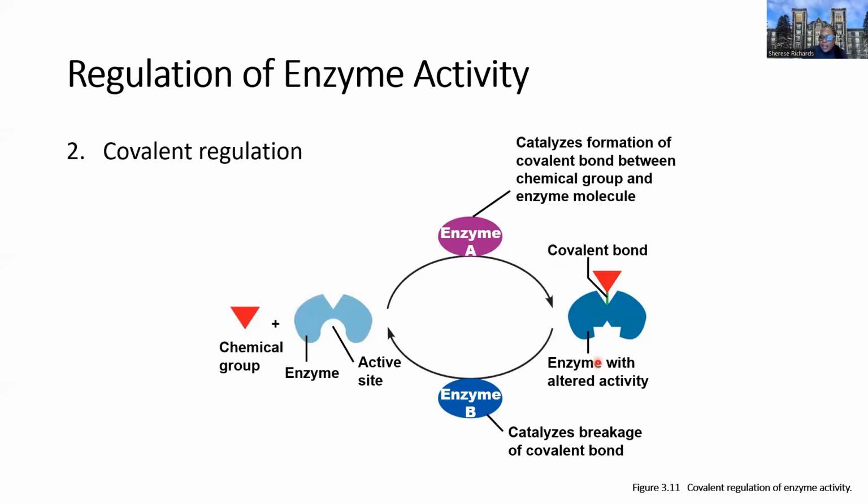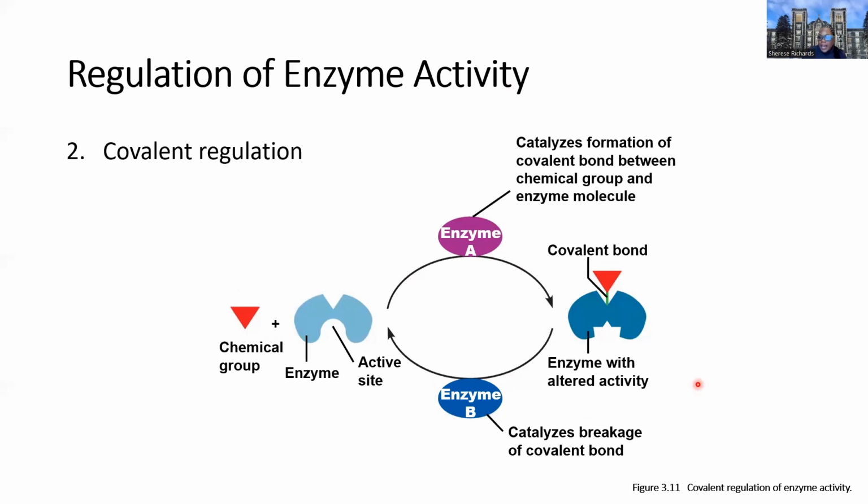And so this is the state of the enzyme on this side of our image here with this chemical group covalently bound. So now we have altered the enzyme activity with the help of a secondary enzyme, enzyme A, by adding some chemical group to the enzyme in question. Okay.